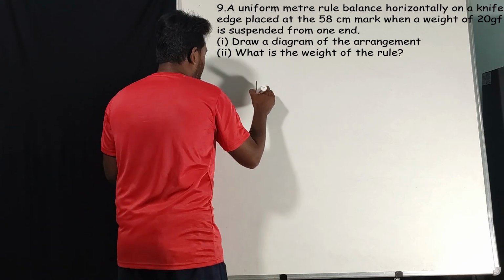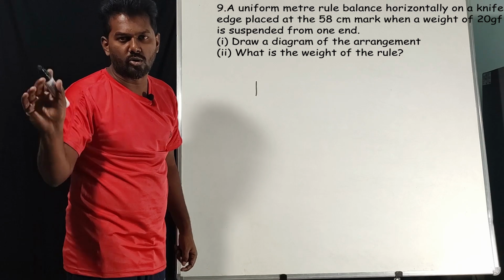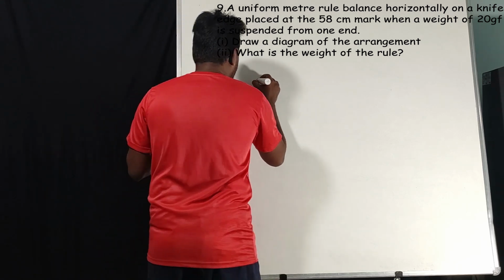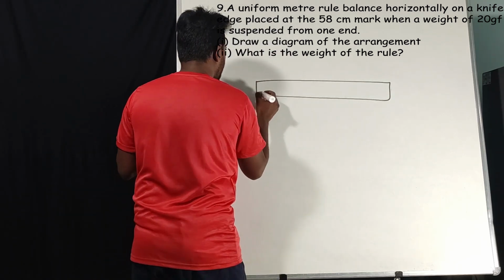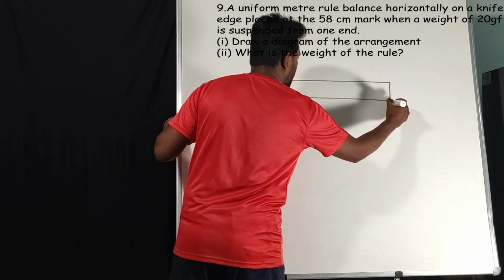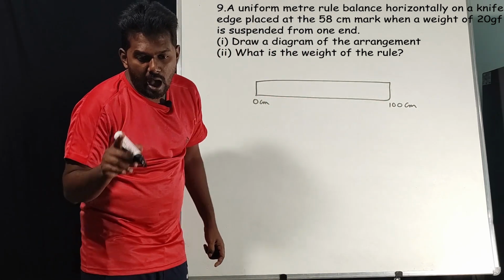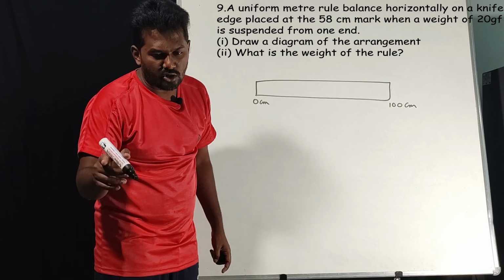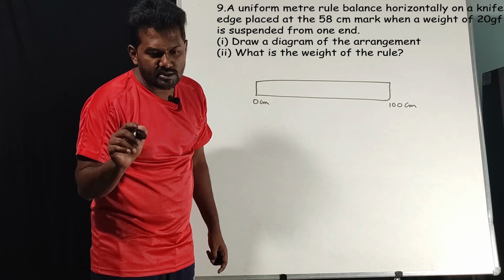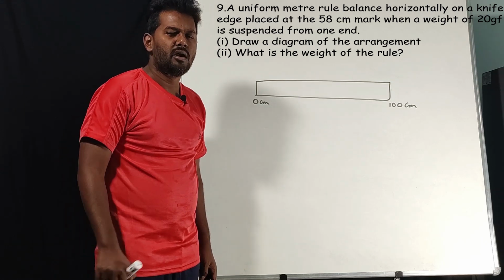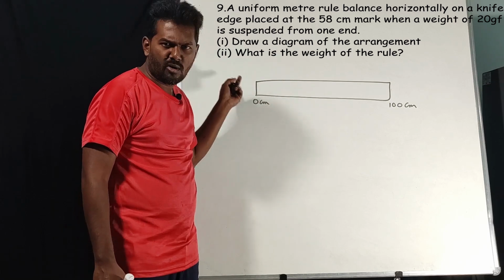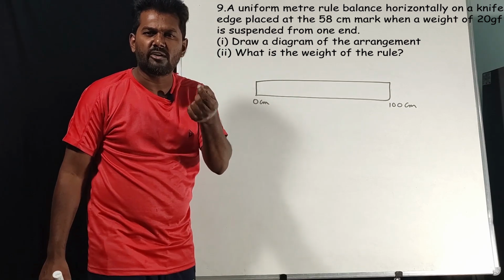Listen, first they have mentioned uniform meter rule, that means from 0 centimeter to 100 centimeter. Now uniform meter rule balanced horizontally on a knife edge placed at 58 centimeter. They have mentioned uniform meter rule and they are placing the knife at 58.